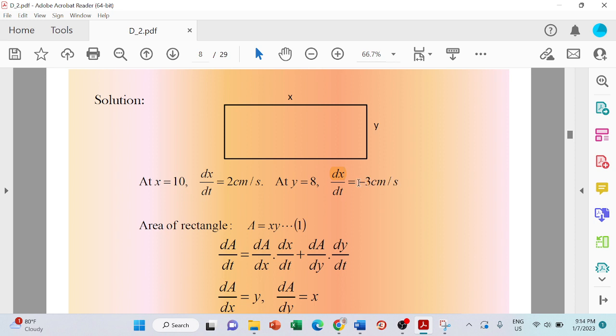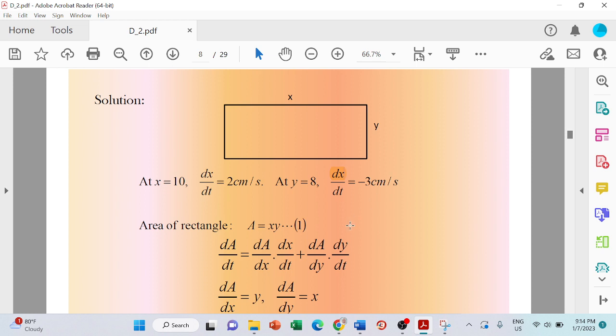So we should put as negative because they stated just now as decrease. Okay? So this is rate of change for the sides, both sides. Okay, one is positive, one is negative.